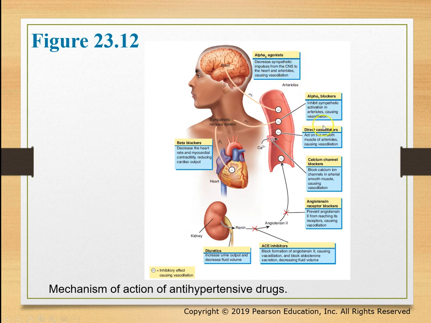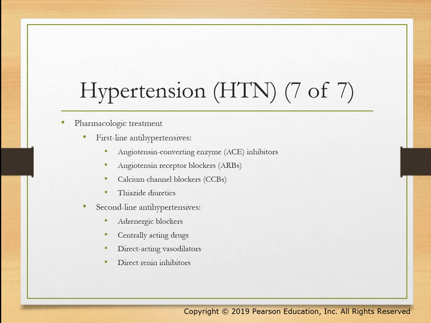Okay, so you should be familiar with these. We should know that angiotensin receptor blockers and ACE inhibitors will affect this pathway, right? And then know the difference between beta blockers and alpha blockers. These are all examples of pharmacologic treatments. Basically, we mentioned all these on that last slide.